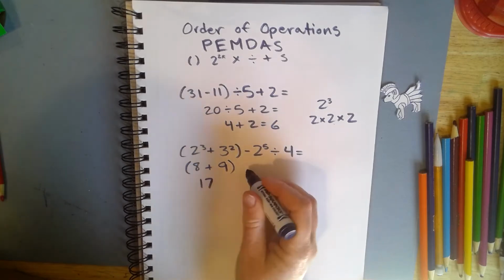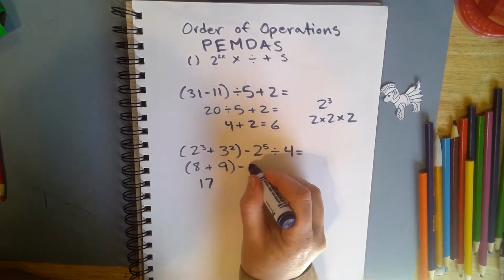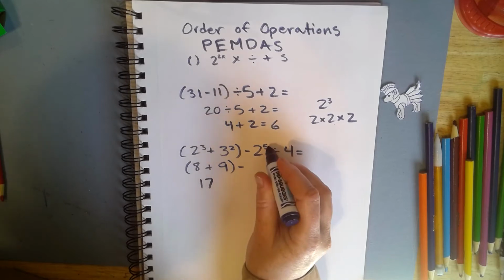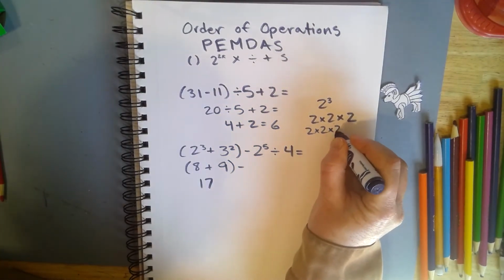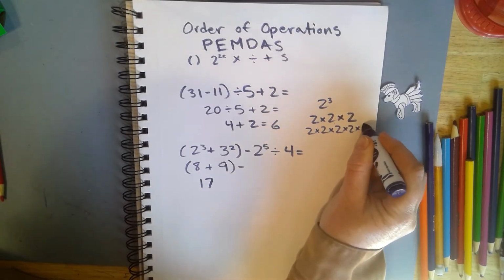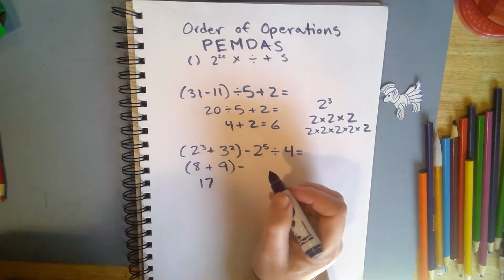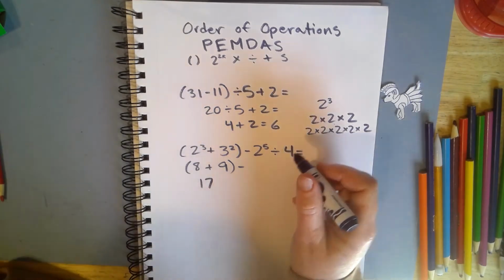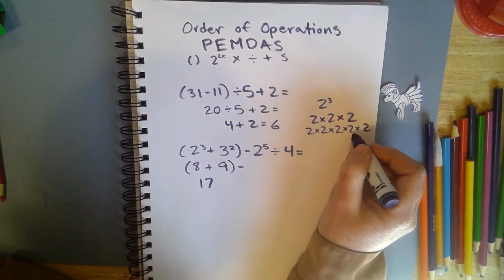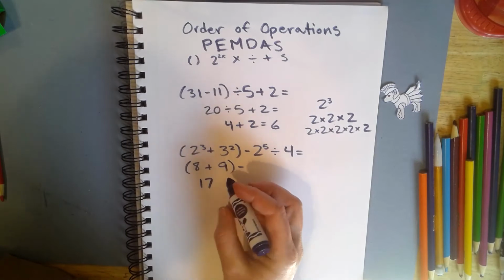Going to do what's in parentheses, 17. See, so now 2 times 2 times 2 times 2 times 2, because it's 2 to the 5th exponent, or the 5th power is what we say. So it's 8, 16, 32.